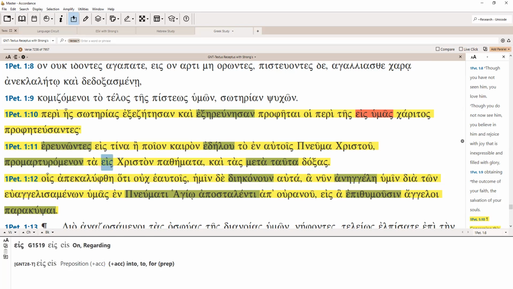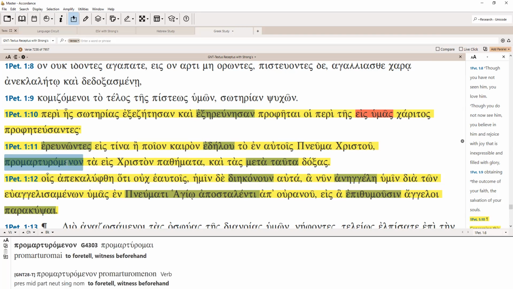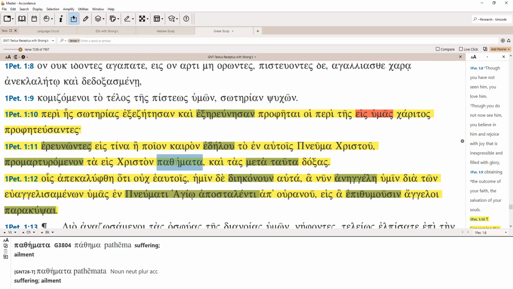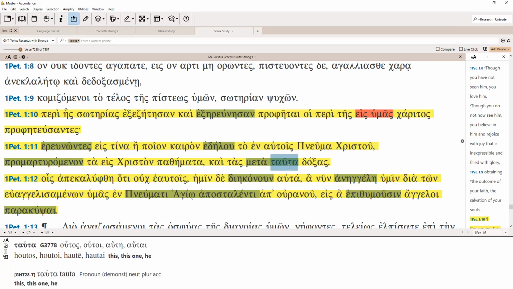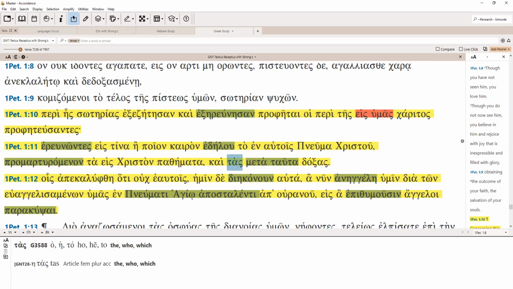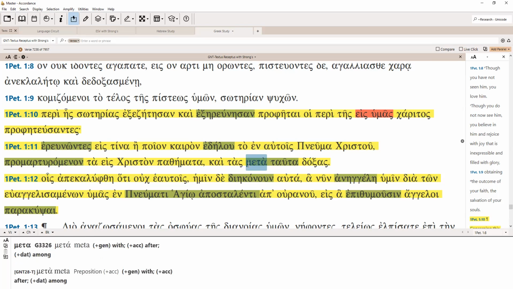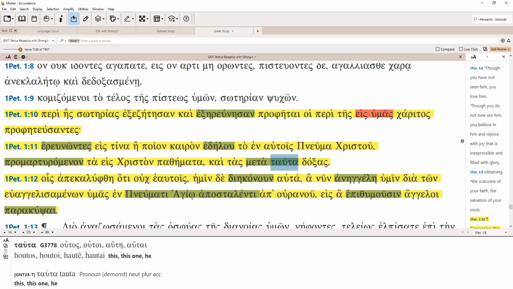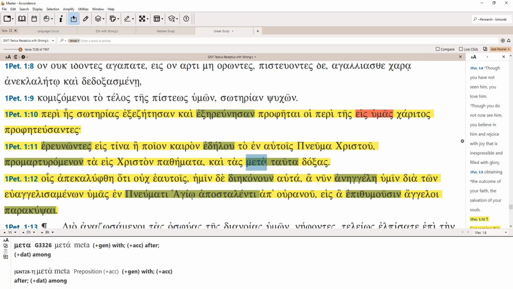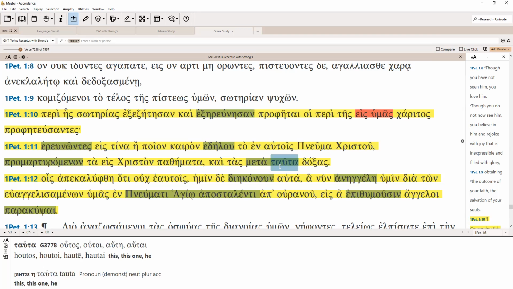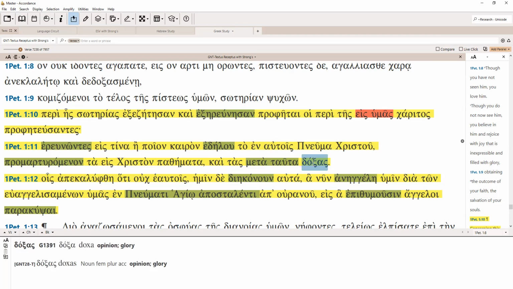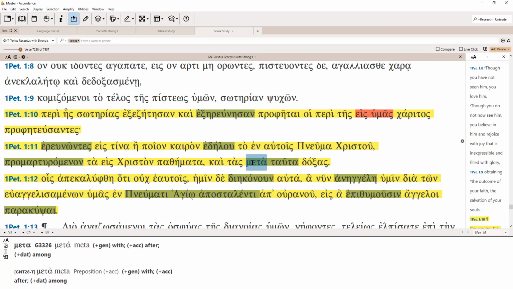So they foretold, or they are foretelling Christ's sufferings. Kai tas meta tauta doxas, and the glories, and it's qualified by meta tauta. So it means the glory. Meta tauta. Meta means after, and tauta means these. So after these. So we can say the glory afterwards, or we can translate the subsequent glories.